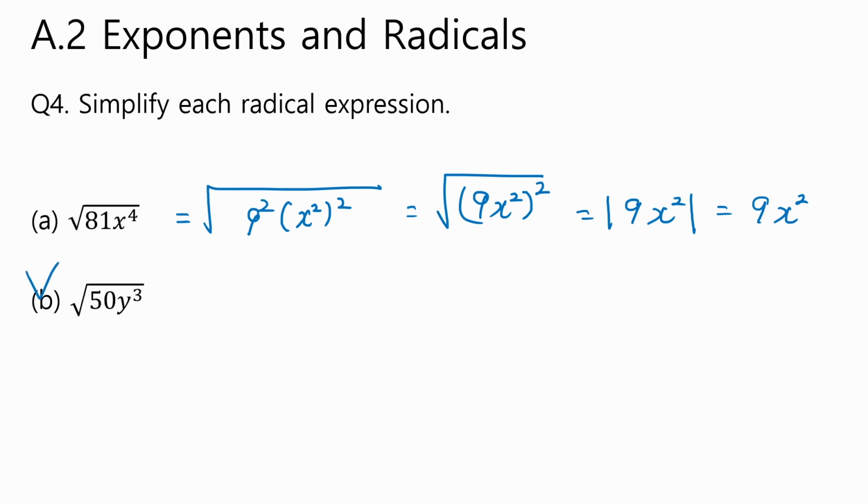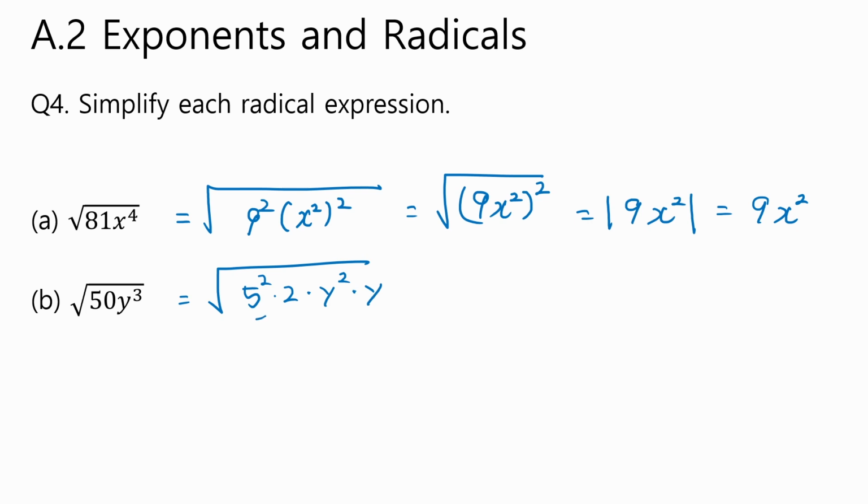For part B, we have 50y cubed inside the radical. Here 50 is 25 times 2, which is 5 squared times 2, and y cubed is y squared times y.